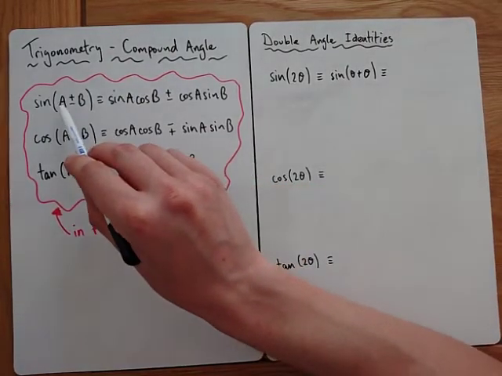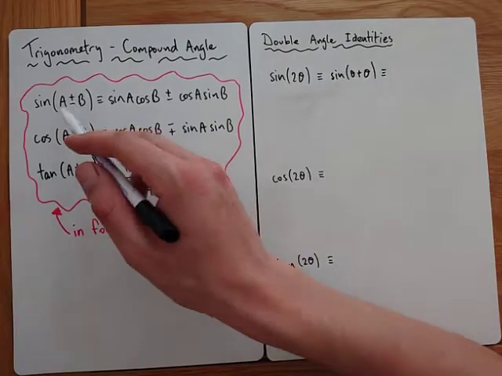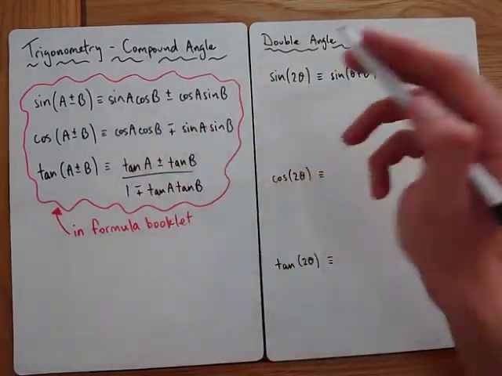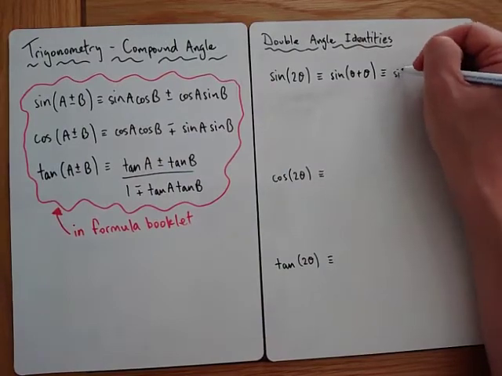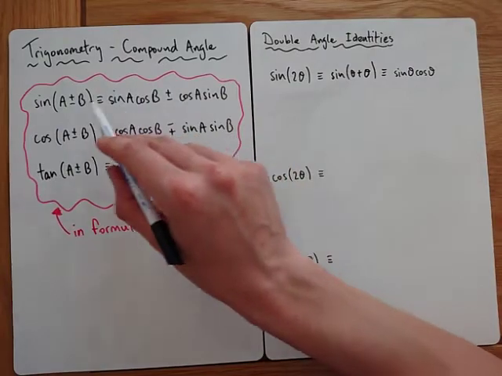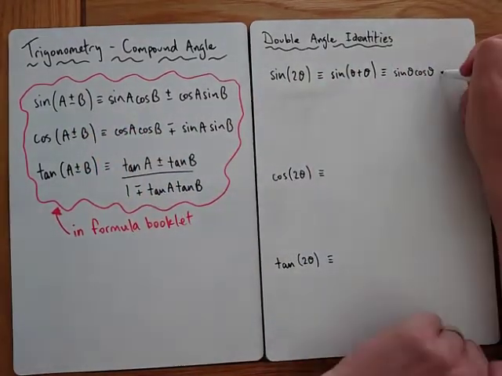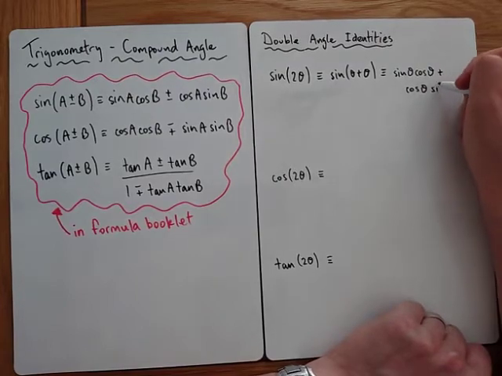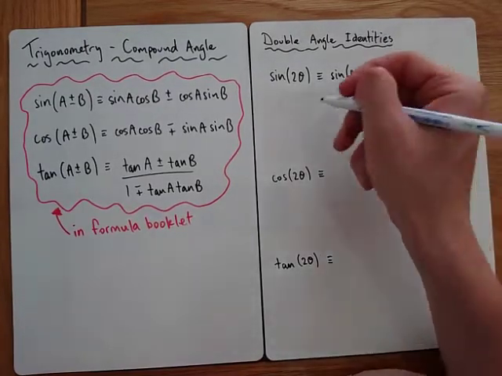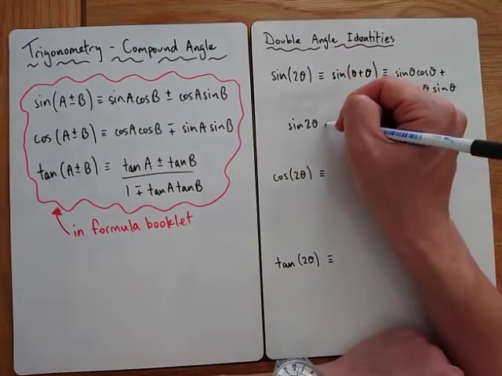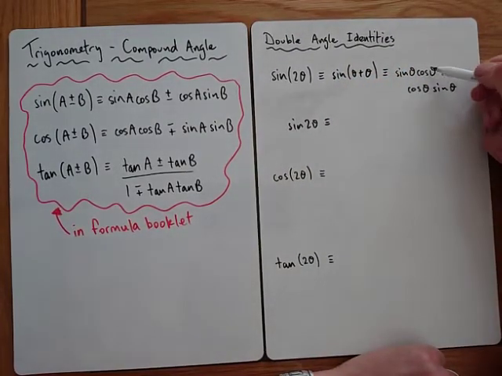And then we've got sine of a plus b. A and b, in this case, are both theta. So that would be sine theta cos theta plus, because we're using sine of a plus b, cos theta sine theta.